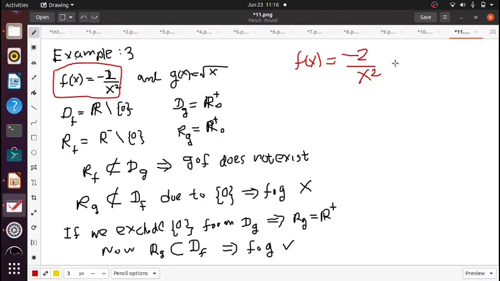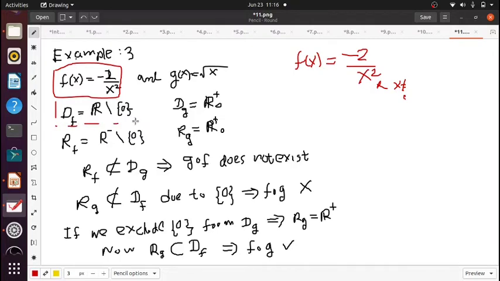So you have to exclude any value that will make the function divide by 0. You have to exclude 0. x equals 0 should be excluded, so x should not be equal to 0. I have written it here in this way.